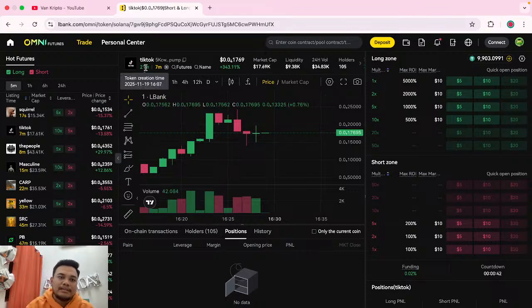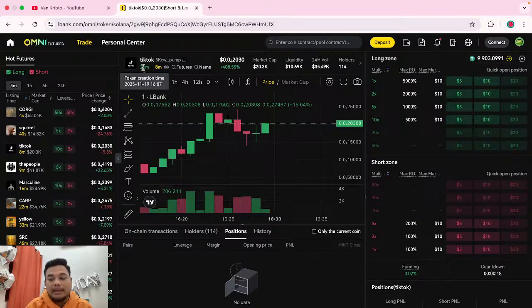Okay, by looking at this TikTok token, as you guys know already, the token creation time was from when they listed it on the internal platform, which is Pump.fun, to the OMNI futures, which is LBank, right?